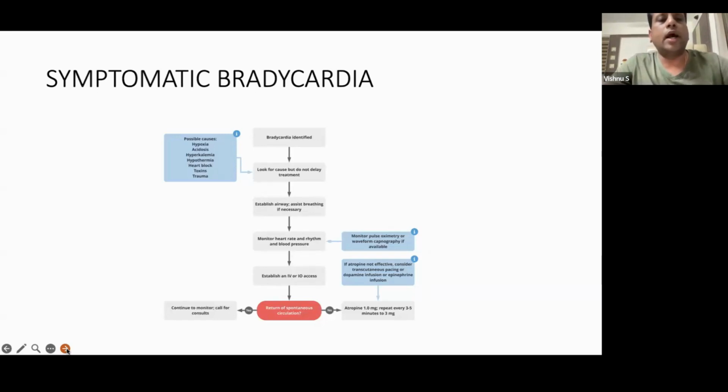The most common is hypoxia, as in acute severe asthma or COPD, or a patient with severe metabolic acidosis, just before cardiac arrest happens. Then hyperkalemia, you all know that. Hypothermia is the most common thing we see when a patient is arrested and his body temperature is reduced to preserve brain function.